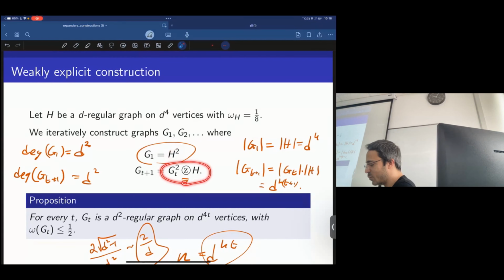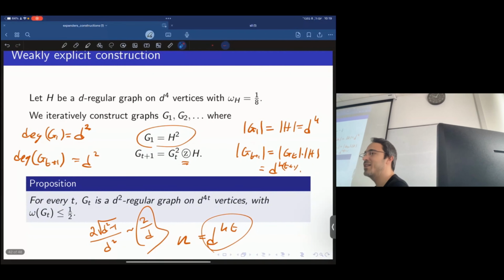When you do the degree computation of the zigzag, you can just ignore this part completely, because the zigzag takes the degree from the other graph. And the degree of G_{T+1} is just the degree of H squared, because you get 2 steps from H. So it keeps the invariant that the degree is D squared.